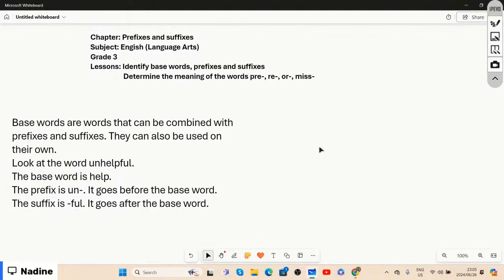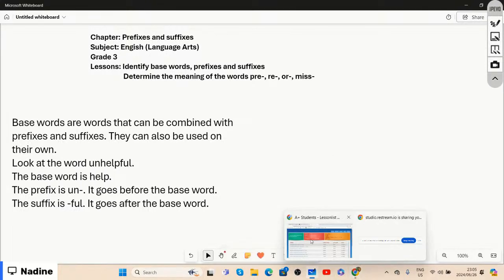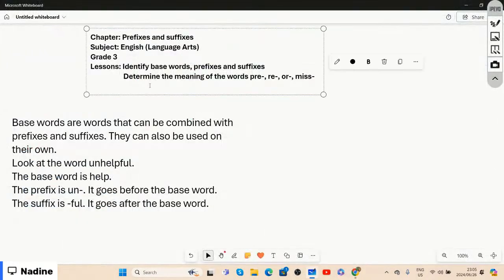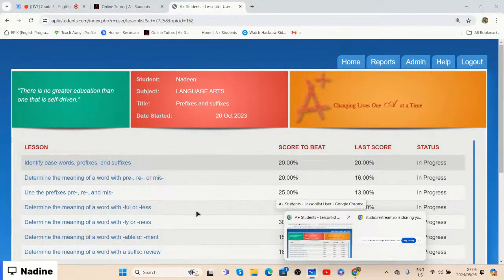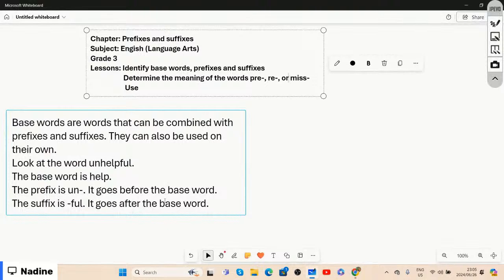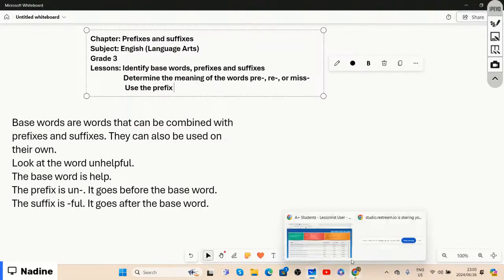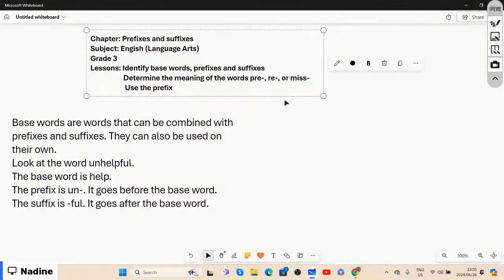In the lessons we are going to focus on, we will identify base words, prefixes and suffixes, determine the meaning of the prefixes pre, re, and miss, and then also use the prefixes pre, re, and miss.